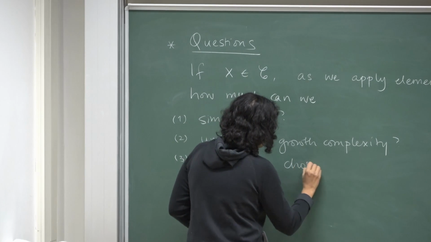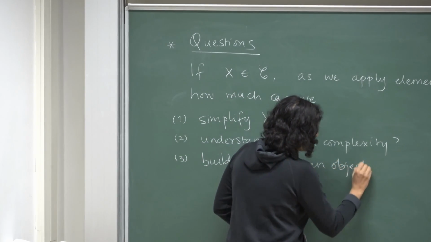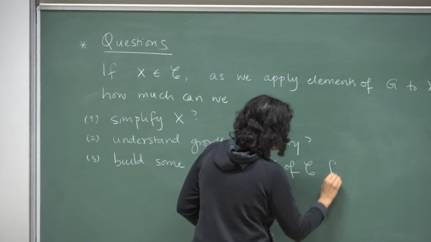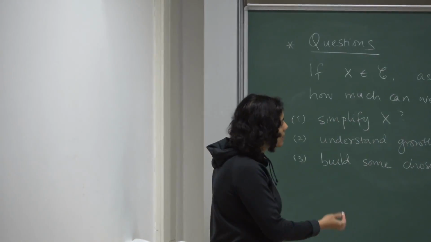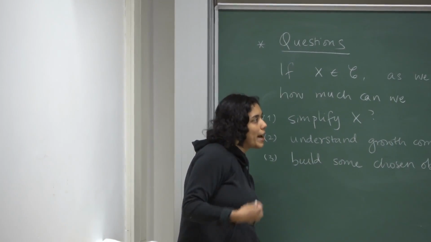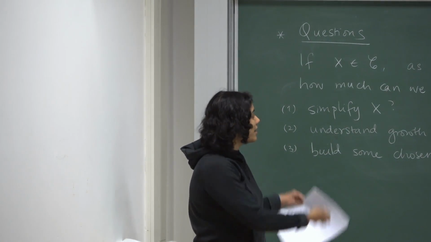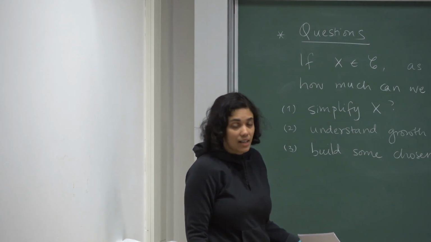You can ask many more questions, but these are the kinds of things. So when the group acts on the category, how can we study the evolution of objects under this action?